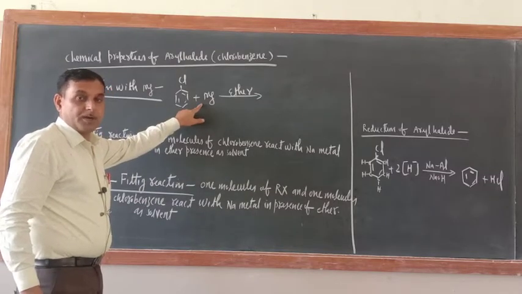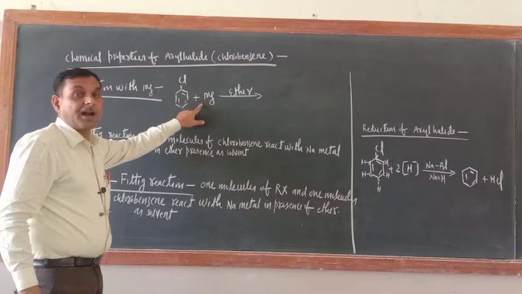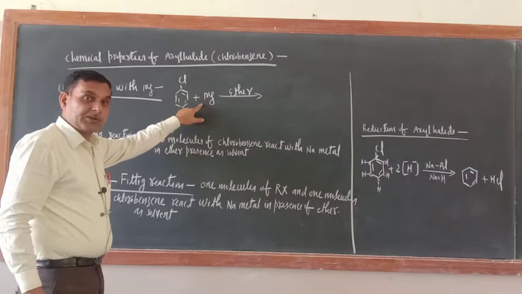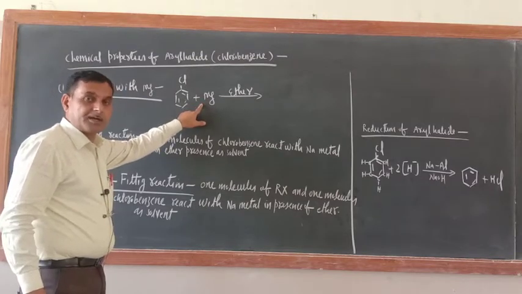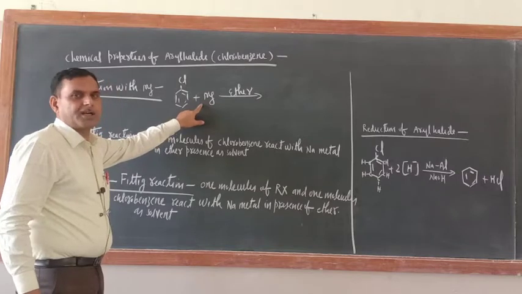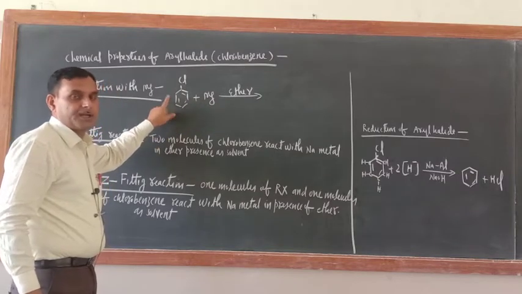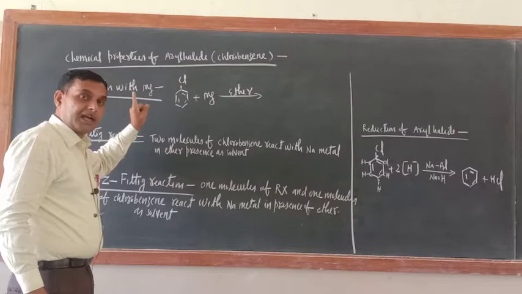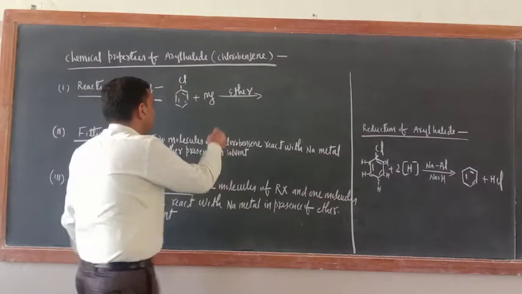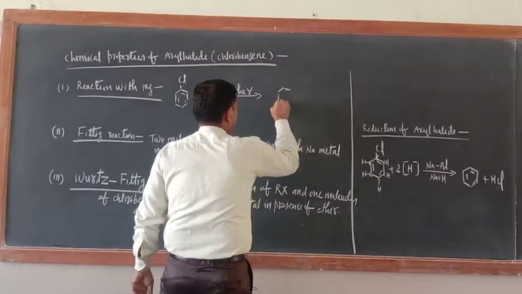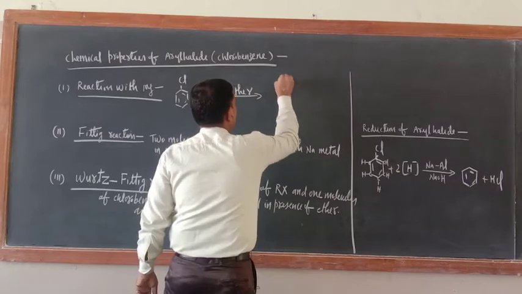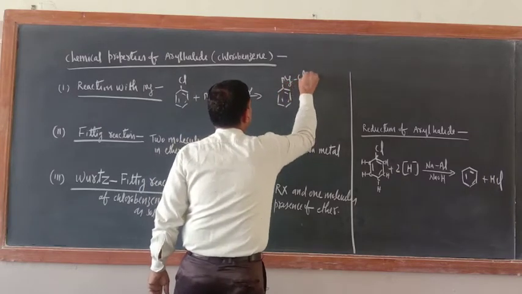So what was the product? Grignard reagent, RMgX. Here also a Grignard reagent would be the product, but this time an aromatic Grignard reagent because you have taken chlorobenzene. In case of alkyl halide, it was an aliphatic Grignard reagent. So what is the product here? The product is benzene ring MgCl.